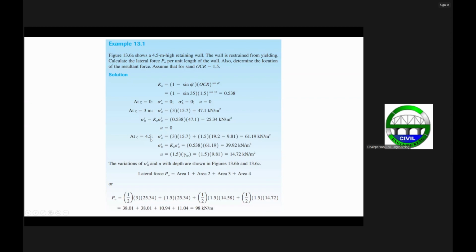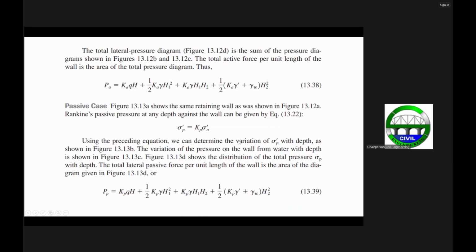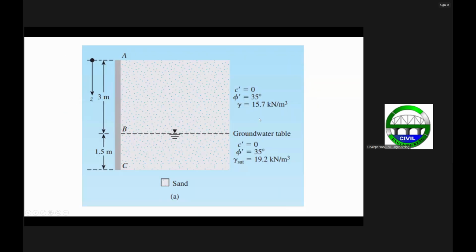Now at depth Z equal to 4.5 meters, the effective vertical pressure is equal to 3 times the unit weight of the soil, plus 1.5 times the effective unit weight, since the soil is now below the groundwater table.